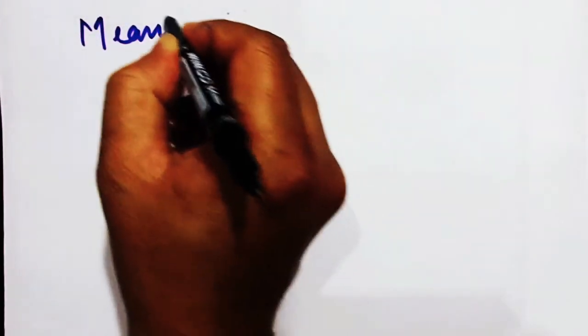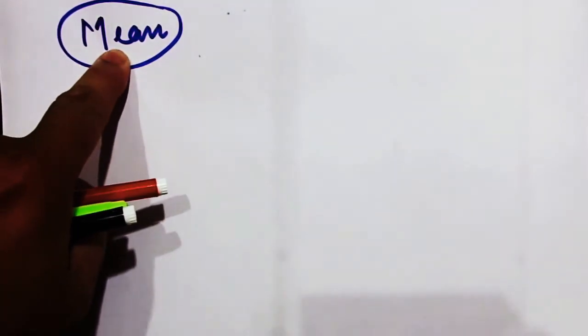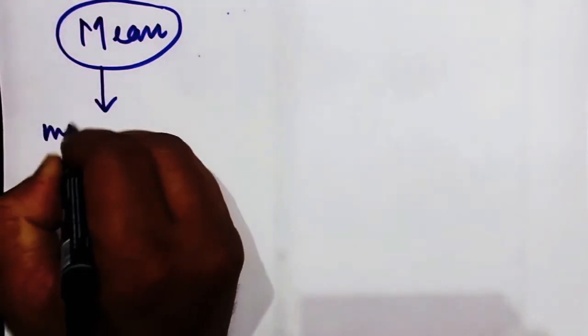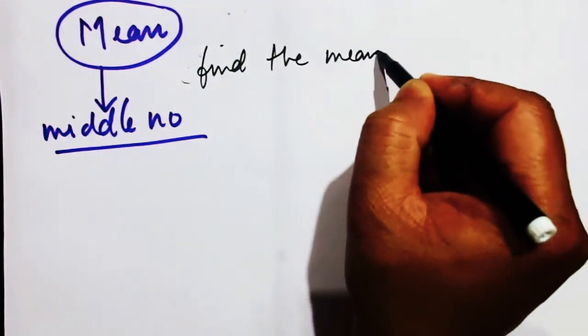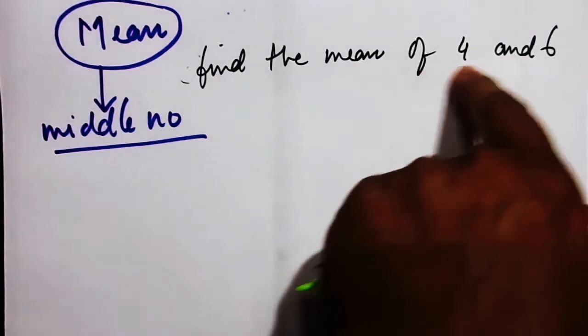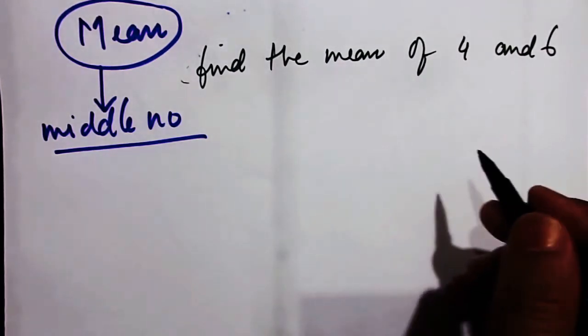Now before we proceed on to mean proportion, I would like you to focus on this word mean. What do you mean by this word mean? It means the middle number. If you are asked to find the mean of 4 and 6, for example, then what do we do?